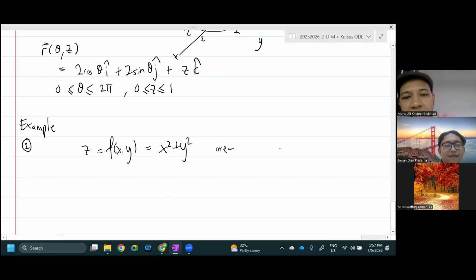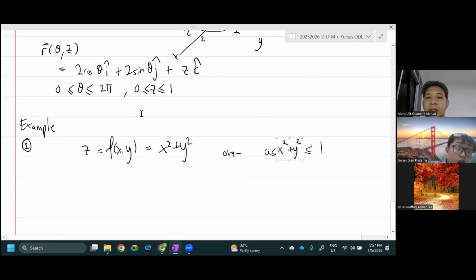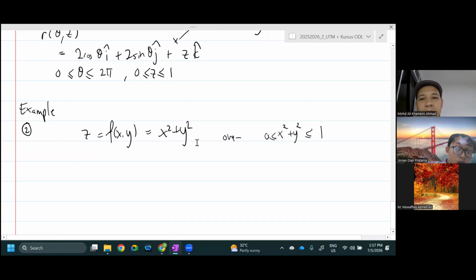Let me restrict the surface over R, let's make it a circle, x squared plus y squared less than or equal to 1, for example. Actually, this is greater than or equal to 0, right? You add non-negative numbers, so it should be greater than or equal to 0 here.